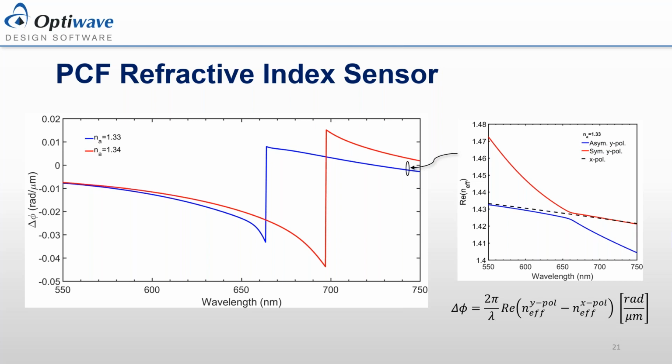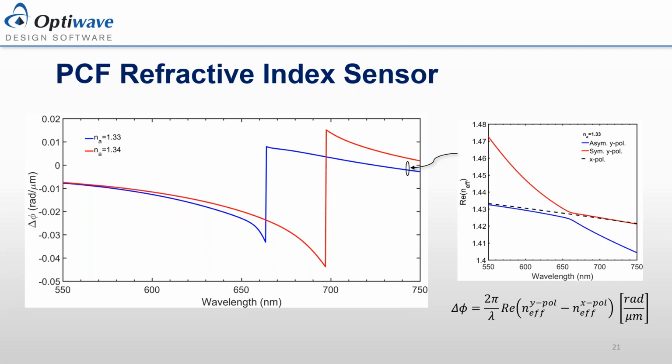So by looking at the phase difference between the X and Y polarizations, we can track how much the Y polarization is being affected. We can use this normalized expression down here on the bottom right to calculate that normalized phase difference and plot it based on the different refractive indices.